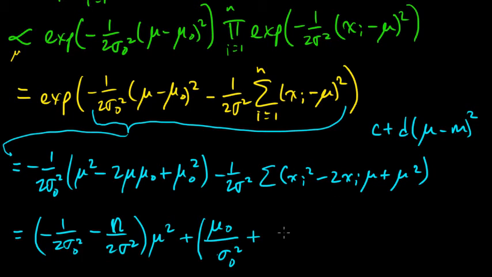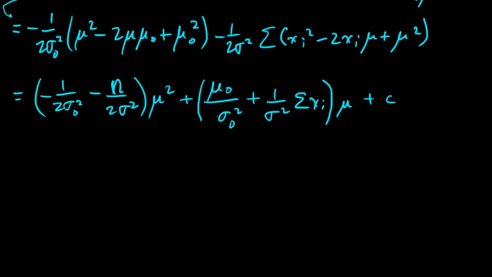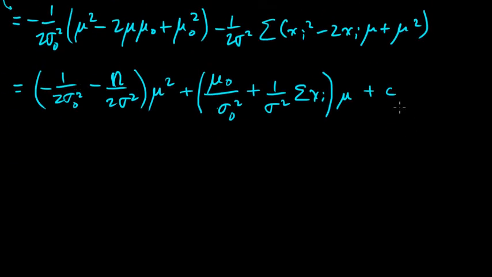Here the 2 cancels also, and we're going to get 1 over sigma squared times the sum of the xi's, times mu. And then we get some other terms, and it's just going to be constant. So I'll just put c for whatever that constant is. It doesn't depend on mu. And I think we're not going to care about that.